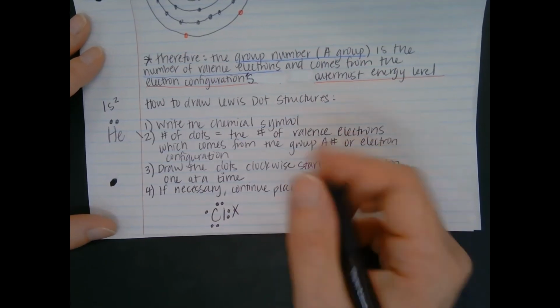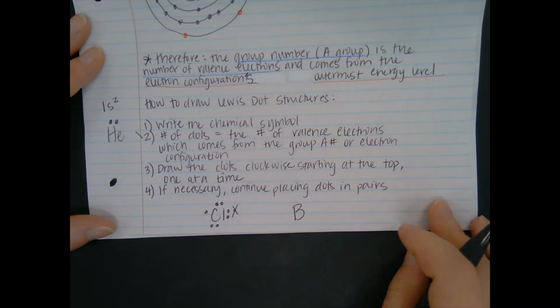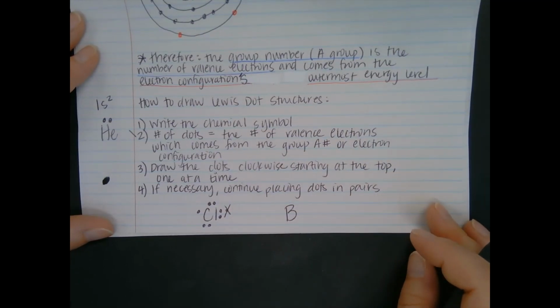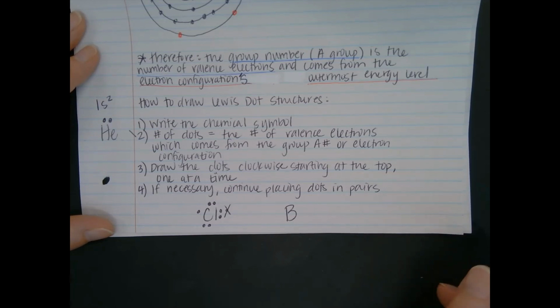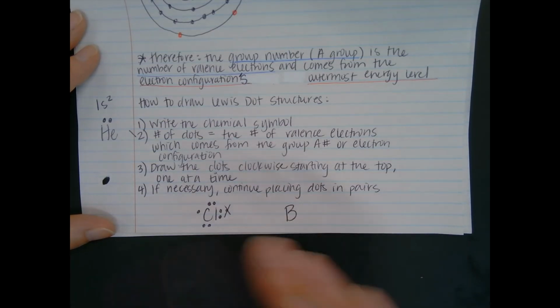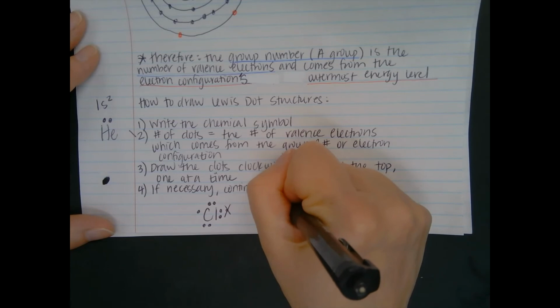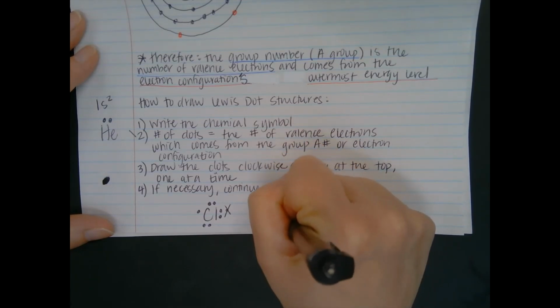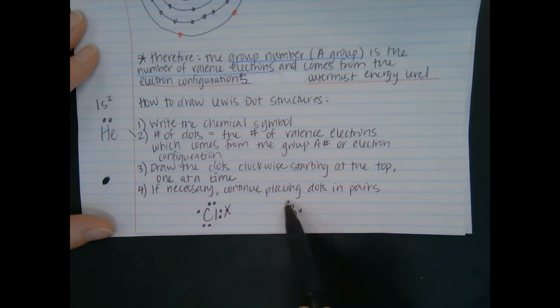Another one to point out is, let's draw boron. Boron is in group 3A. So how many valence electrons does it have? 3. Okay, when we were drawing orbital diagrams, we would draw the S, 1 up, 1 down, P, 1 up. Well, when we draw Lewis dot structures, we separate them out. So I would say 1, 2, 3, and I would not pair these two up.